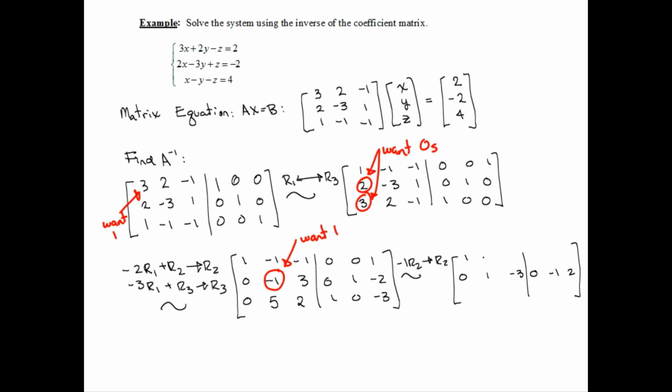My first and third rows stay the same. Now we need to get zeros in the second column. Remember, in each column we get the 1 first and then we get the zeros. So we need zeros here and here.